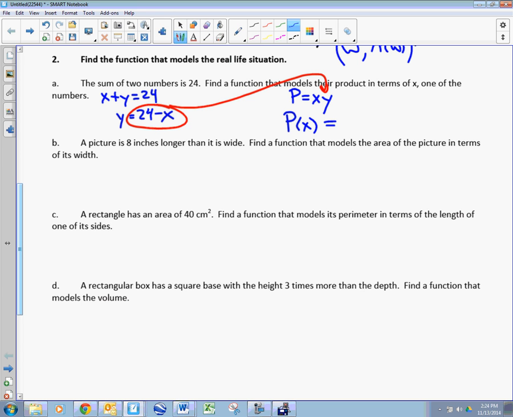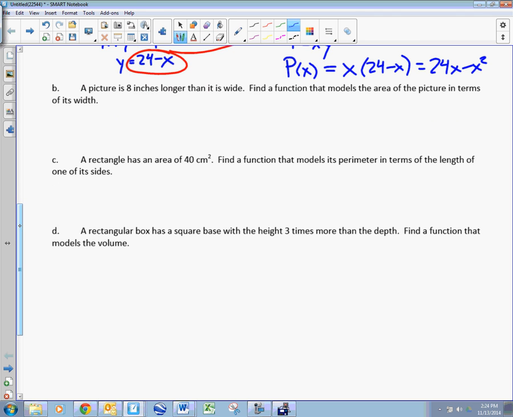And we get 24x minus x squared. So the whole key is we have one variable as opposed to two. They're much easier to graph and generate solutions for.